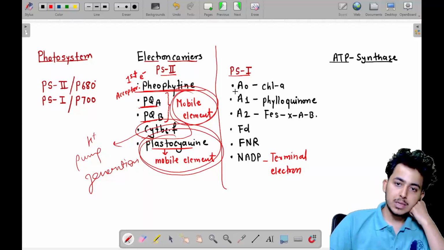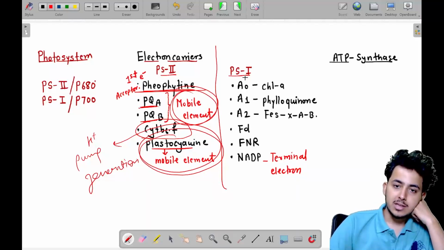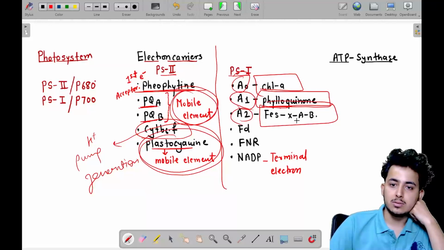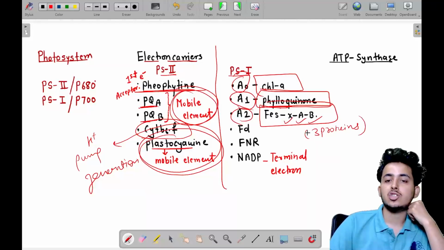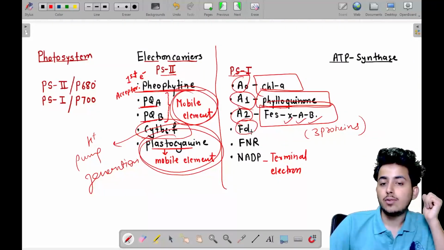Then you have PS1. This PS1 has A naught, that is nothing but chlorophyll A. It has A1, that is nothing but phylloquinone. And then A2, that is iron sulfur proteins, which are FeX, FeA, FeB, three iron sulfur cluster proteins that I taught you in the second lecture on PS1. Then you have ferredoxin.